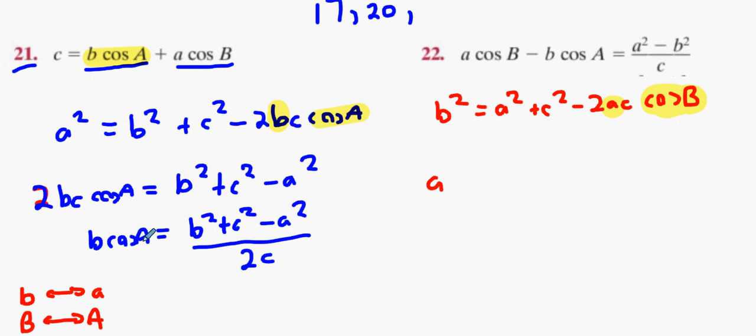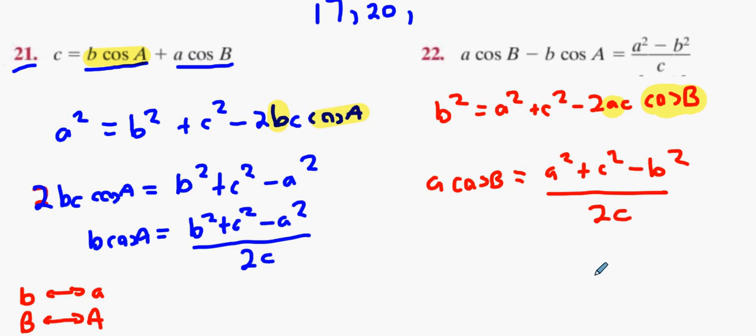Big A changes to big B. B changes to small a. C changes the same. A changes to B. And then 2c stays the same. That's the interchange method. You can just say likewise. It depends what you want to do. You could just work through all the steps again if you wanted exactly the same thing.